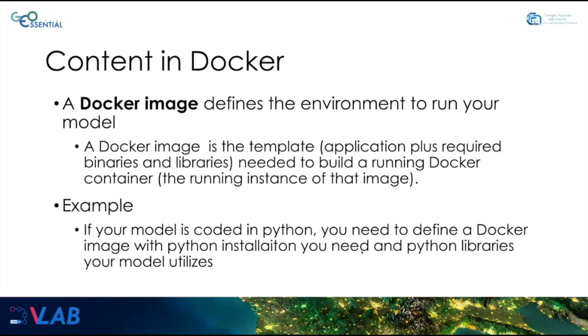Okay, so a Docker image is a template which the Docker software utilizes to build and run a so-called Docker container, which is an instance of the image. For example, if your model is coded in Python, you need to define a Docker image with Python installation and the Python libraries which your model utilizes.